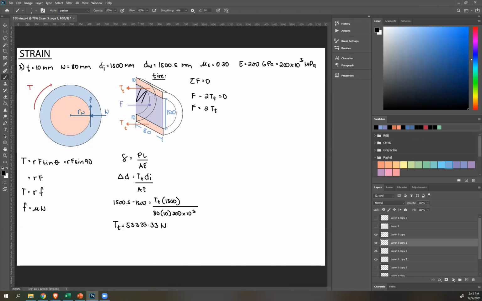Pressure over this projected area. So we can rewrite F as PA, because again, pressure equals force over area. Force is PA. Remember your thin-walled pressure vessels. So PA, A is the projected area, right? So that's 80 times 1,500 equals 2 times this. So from this, please solve what's pressure.